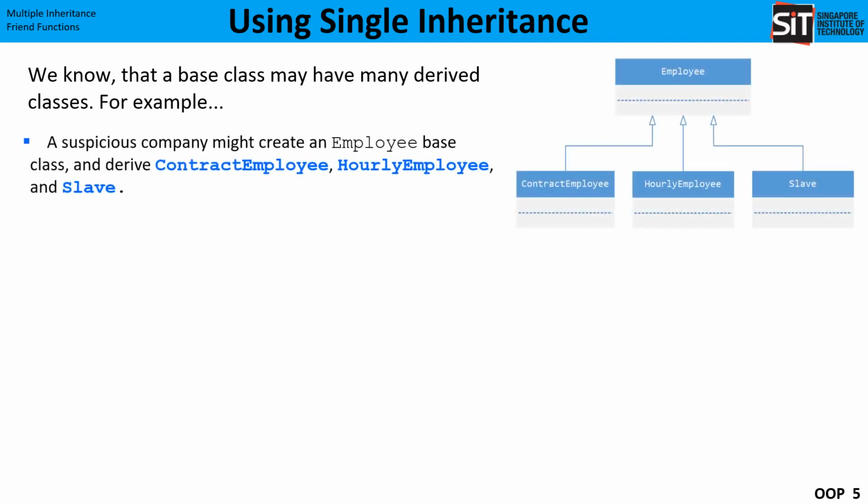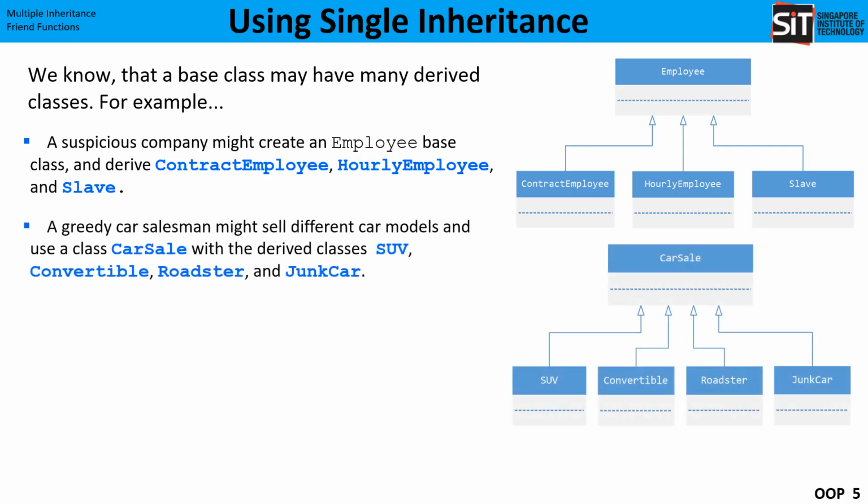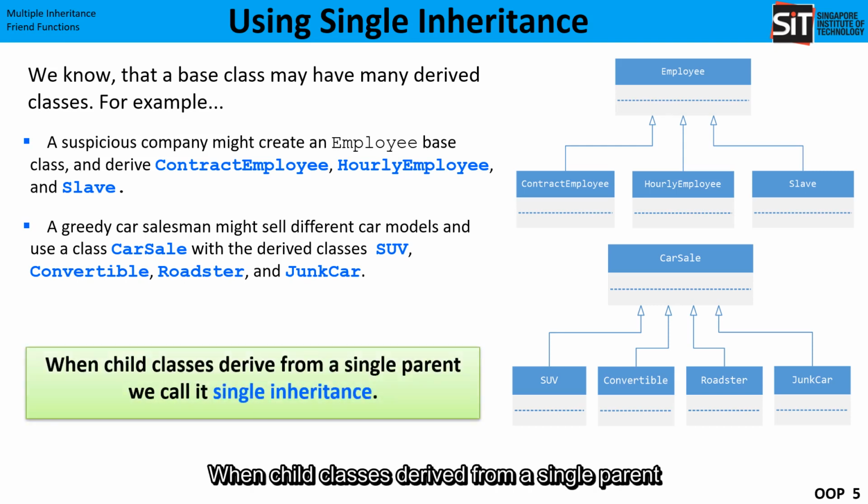For example, a company might create an employee base class and derive contract employees, hourly employees, and so on. A car salesman might sell different car models, roadsters, and junk cars. When child classes derive from a single parent, we call it single inheritance.